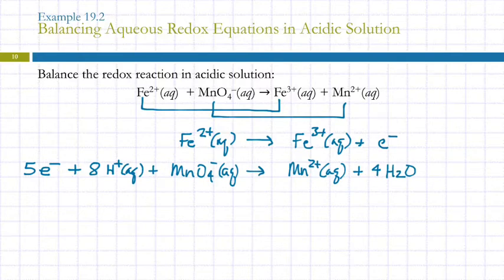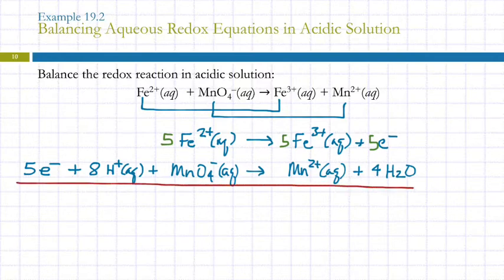Now I need the same number of electrons on each side. So I've got 5 on this one and 1 up here. If I multiply the top reaction by 5, then I'll have 5 electrons on both sides. So I'm going to get 5 Fe2+, 5 Fe3+, and 5 electrons. Now that I have my electrons the same, I can add these back together. I think of the 5 electrons as being spectators. They're just transferred from one to the other, so they don't show up in the final reaction.